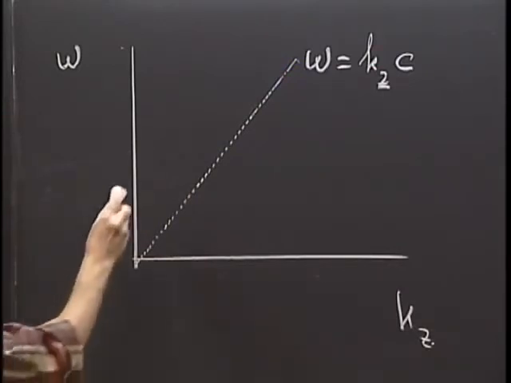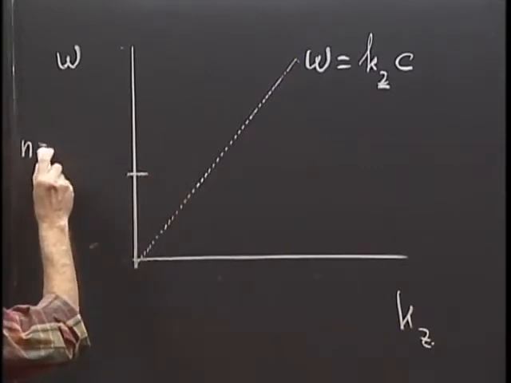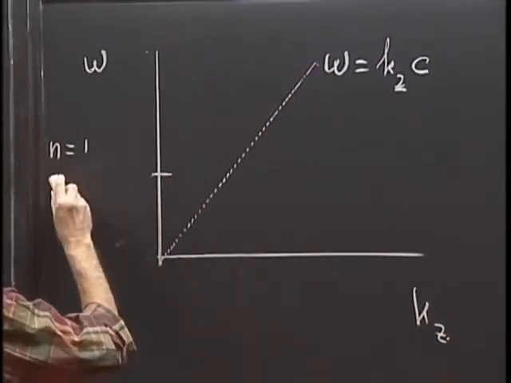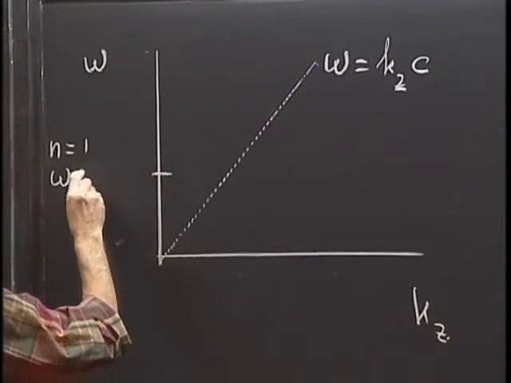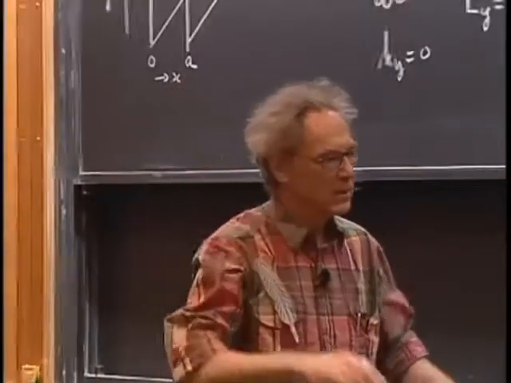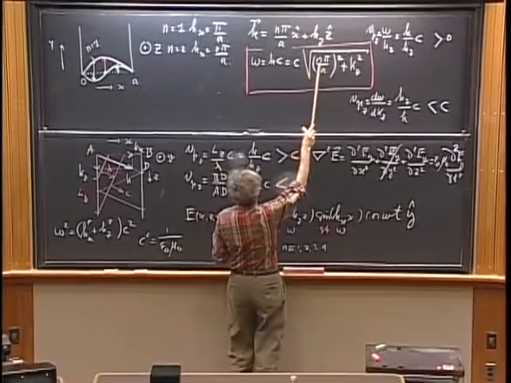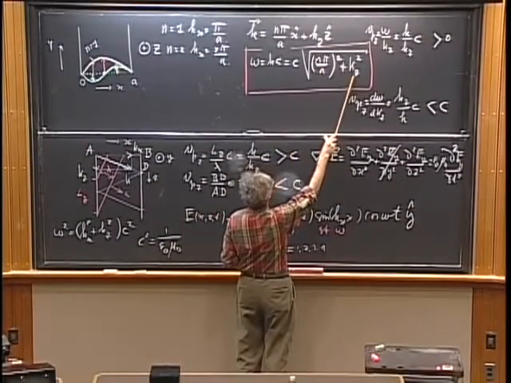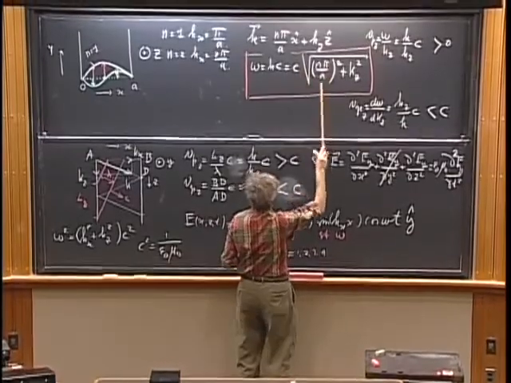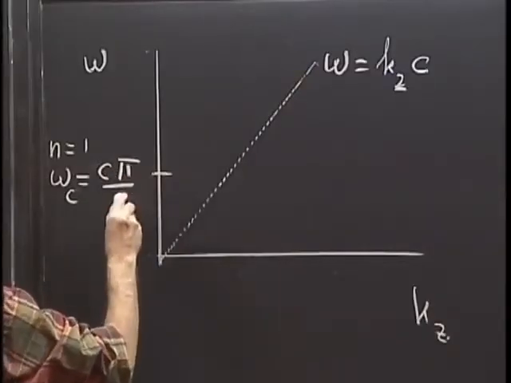But that's not what we have. What we have is that there is here, for n equals 1, a particular frequency, omega c, we call that the cutoff frequency, below which no radiation can go through the gap. And that cutoff frequency is when n equals 1 and when kz becomes 0, and so that is c times pi over a.